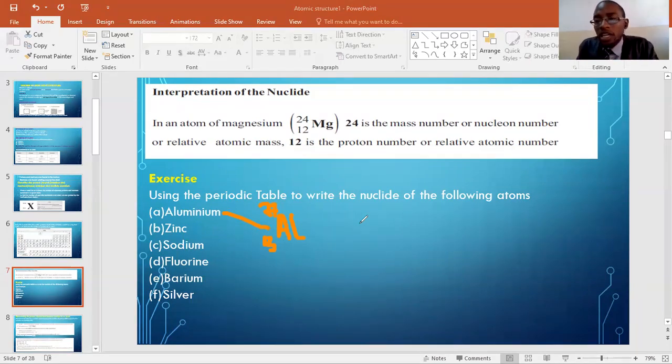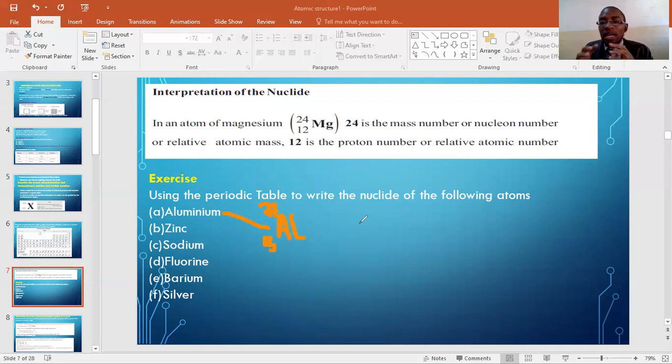Let me just make a quick emphasis on these atomic symbols. So atomic symbols, they are derived from a Latin language. So chemistry is a language. So you don't have any rights to change the symbols. If the starting letter is a capital and followed by a small letter, that is how it's supposed to be presented all the time.